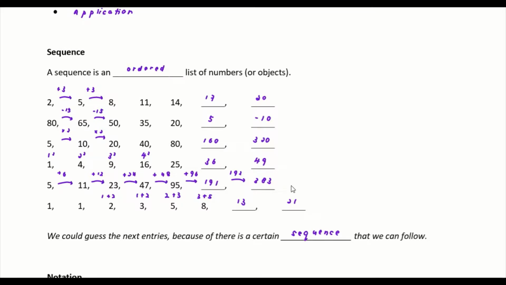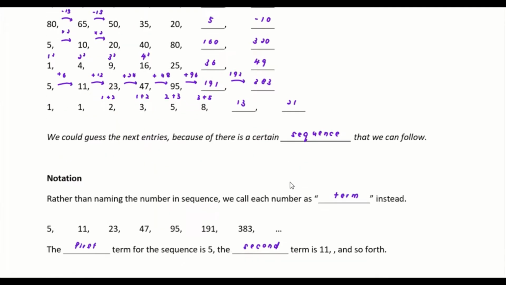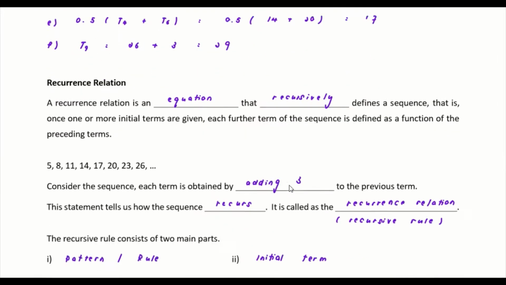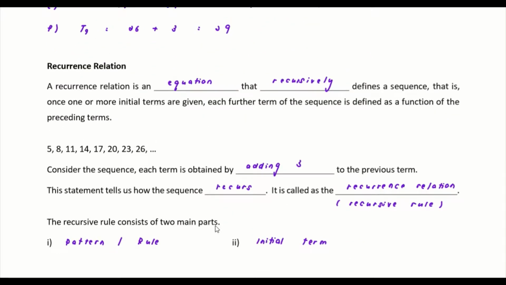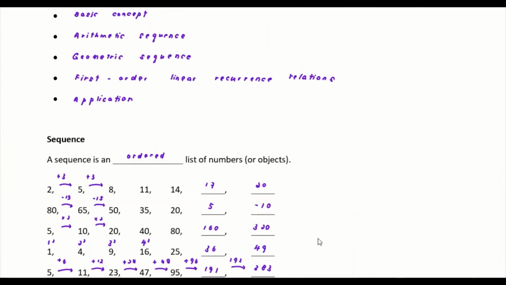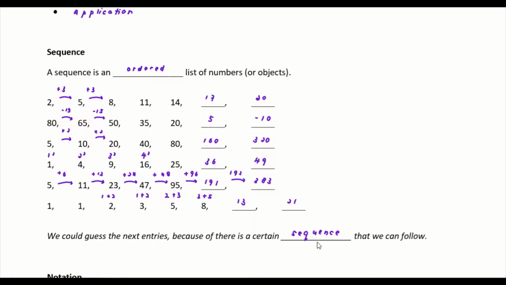Let me remind you again, example 2 just now was practicing on the rule part. When we say we need to write a good recursive relation, we need two things: the pattern, and the initial term. Remember that later we need to write our initial term. In this case, it's plus 3, so Tn equals Tn minus 1 plus 3.